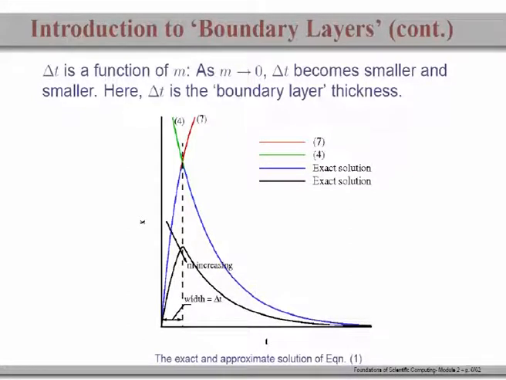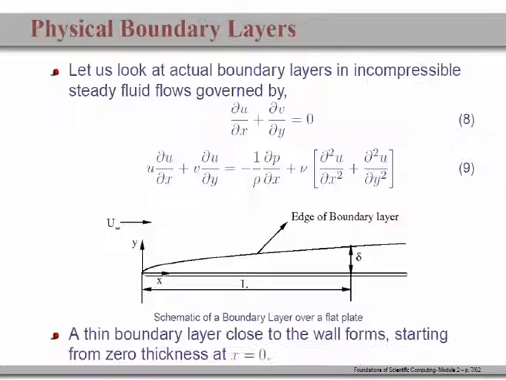So, we have seen that there are many such situations where these boundary layers do occur, not necessarily only in fluids, but let us show you how we can exploit this property of the solution in simplifying some problem. So, this is again a fluid dynamical problem.